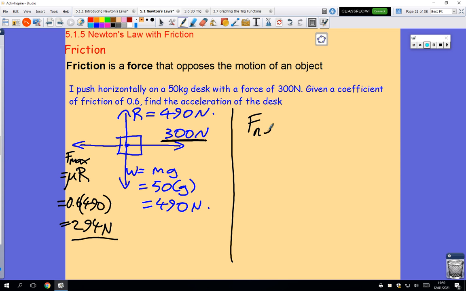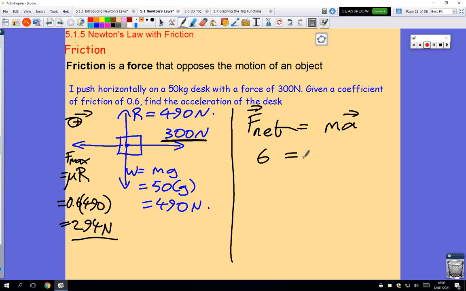My force equation, remember, the net force is always equal to the mass times the acceleration. The net force in this case, again, I'm going to assume a right positive system. 300 positive force, my 294 is a negative force, so my net force is going to be equal to 6 newtons.